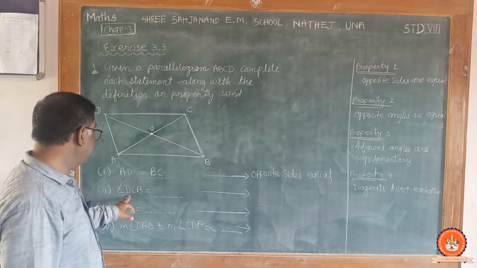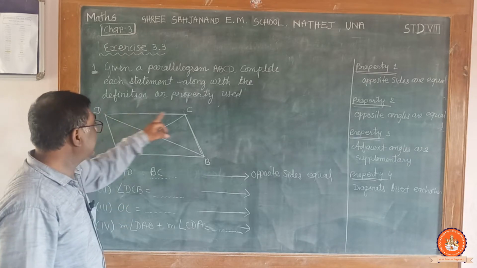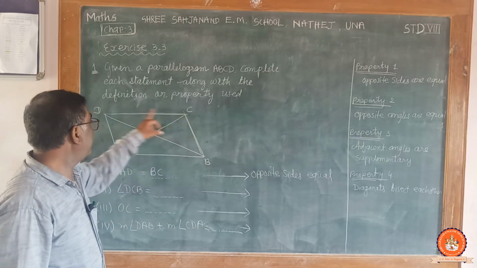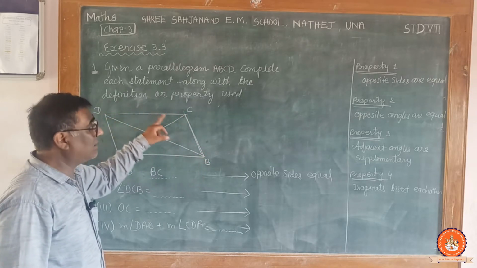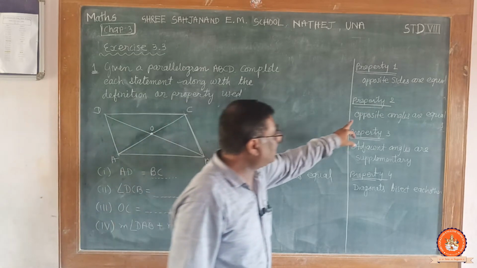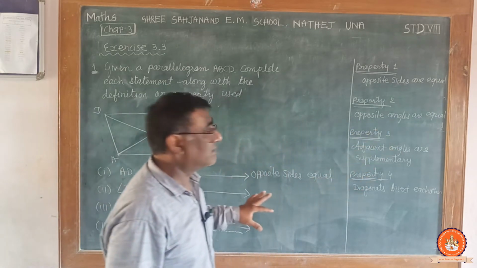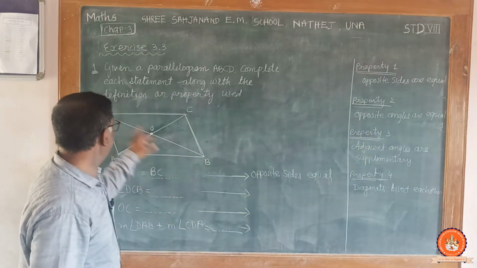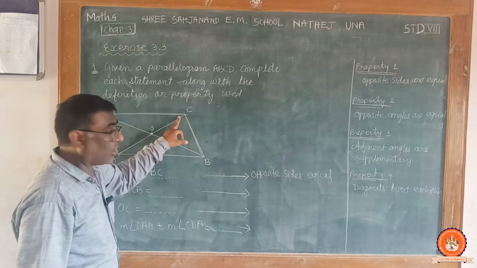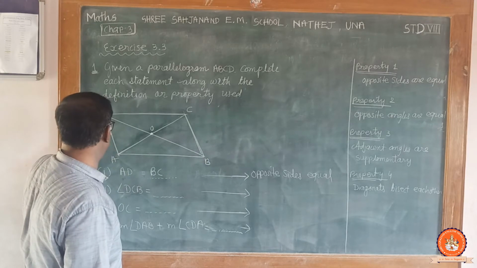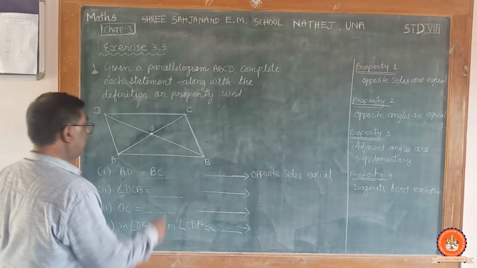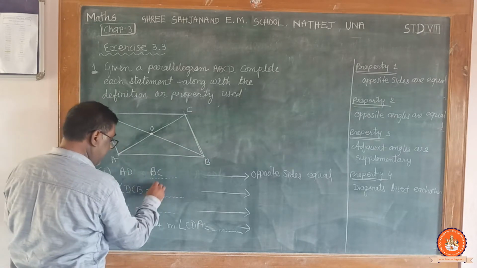Now angle DCB. What is the property of angles? See, opposite angles are equal. This is the property. So angle DCB is angle C in short. So DCB will be equal to BAD, or DAB.